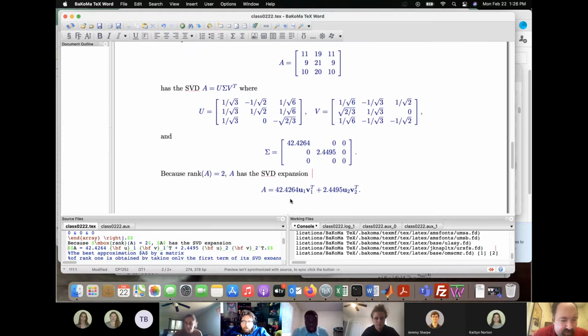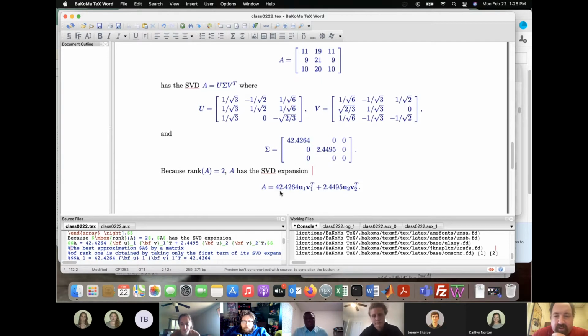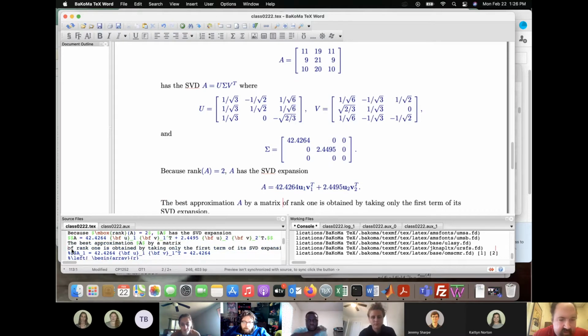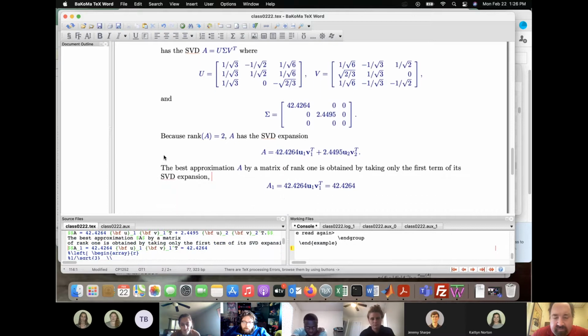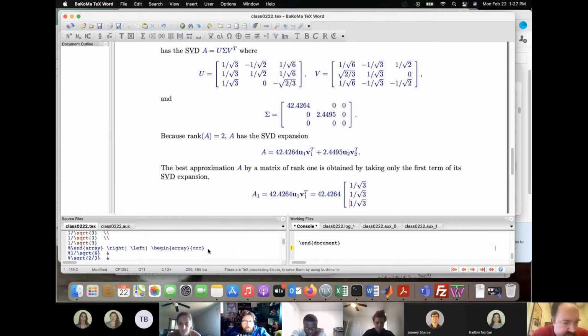That's the SVD expansion. Now, if I want an approximation of A of rank 1, that just means only taking this term. Whoops, I have to show the rest of the matrix.